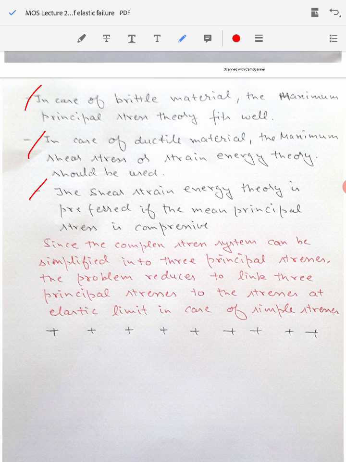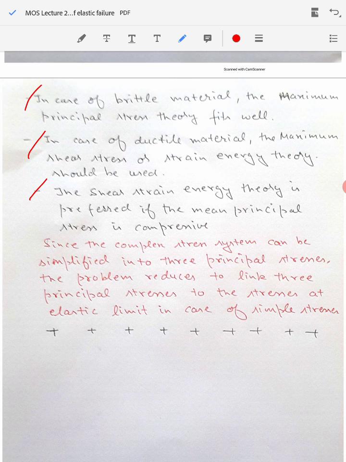So I can conclude that since the complex stress system can be simplified into three principal stresses, the problem reduces to linking these principal stresses to the stresses at elastic limit in case of simple stress. In all these complex states of stress, whether biaxial or triaxial, or with shear stress also acting on the component, we can always calculate the principal stresses by the formulas we discussed in previous lectures, or by using the Mohr circle.